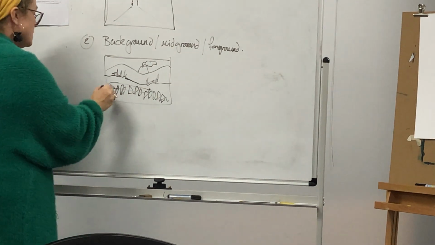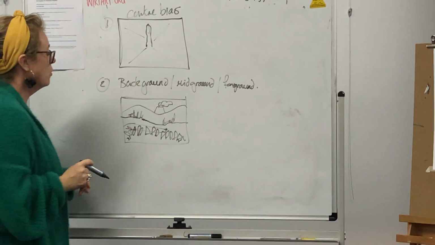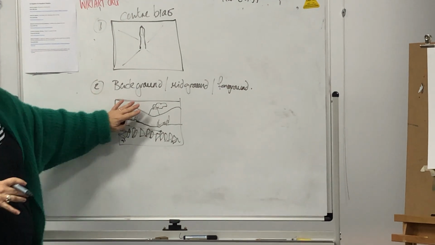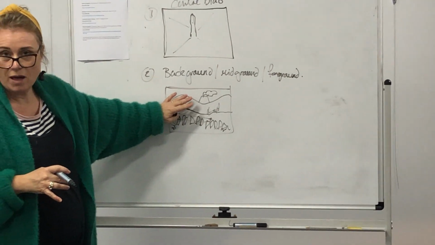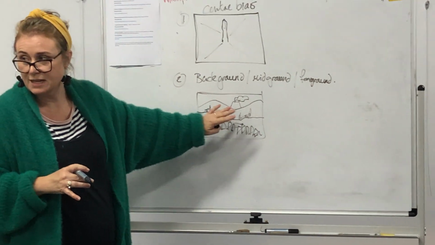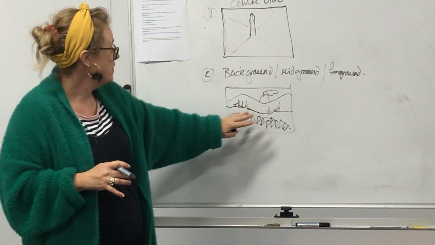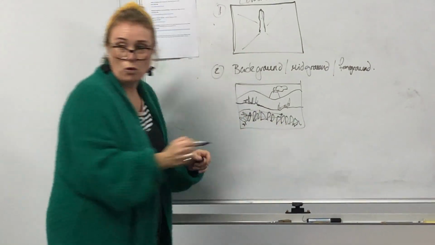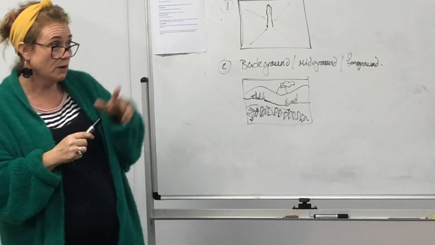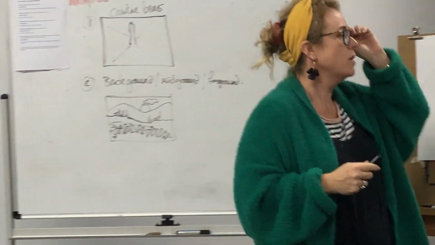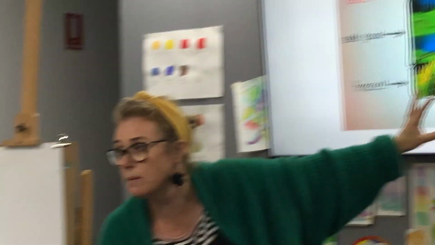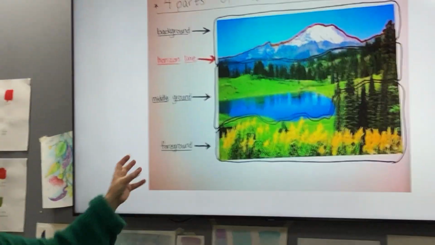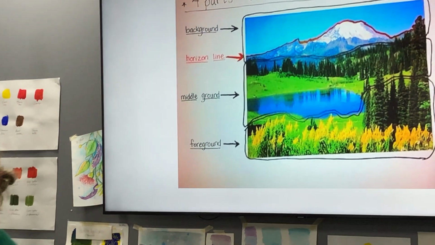Now with this background, middle ground, foreground, you can make it really effective by deciding what you want attention drawn onto. And I think with this one, really your focal point is going to be your foreground. If I was going to turn that into a painting, I'd be really pushing those warm colours that jump forward with the floral, and I'd probably put a lot more detail into them.